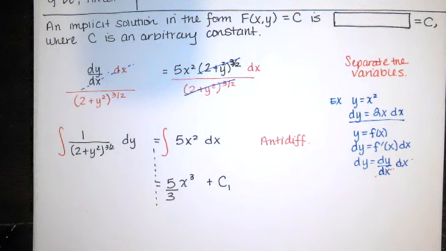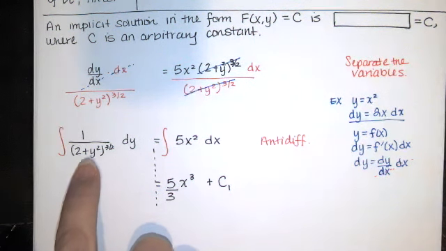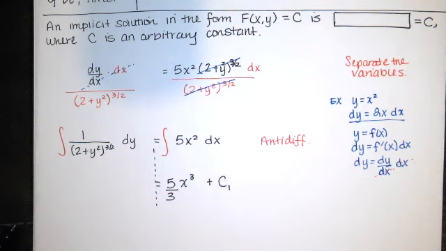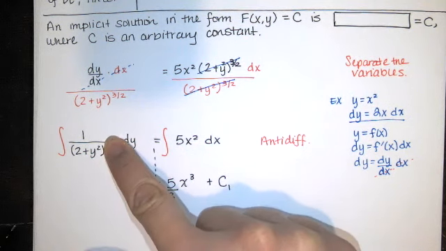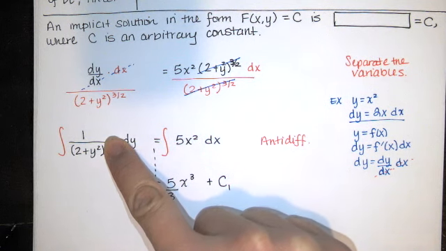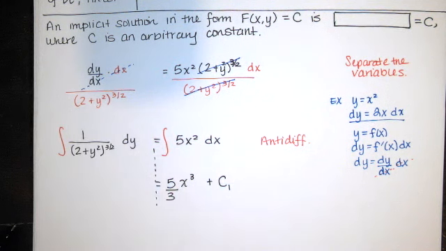Integration by parts is also not appropriate. So what I would say is this kind of looks like a y squared plus a constant squared, where that constant squared is 2. So that if this 3/2 wasn't there, that would be an inverse tangent or an arctangent function involving y when we compute the antiderivative. But we have this 3/2 power.